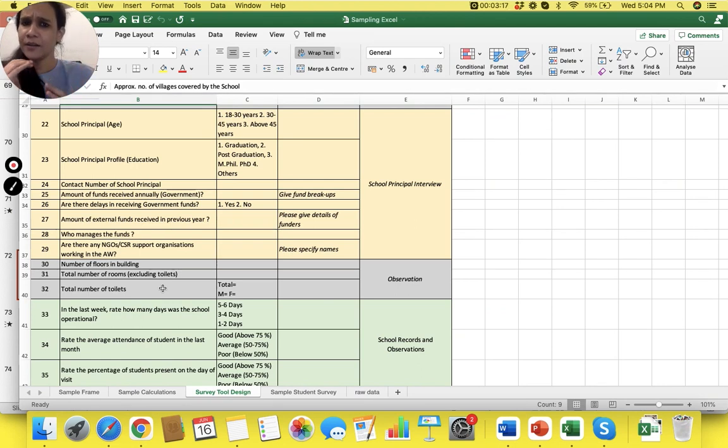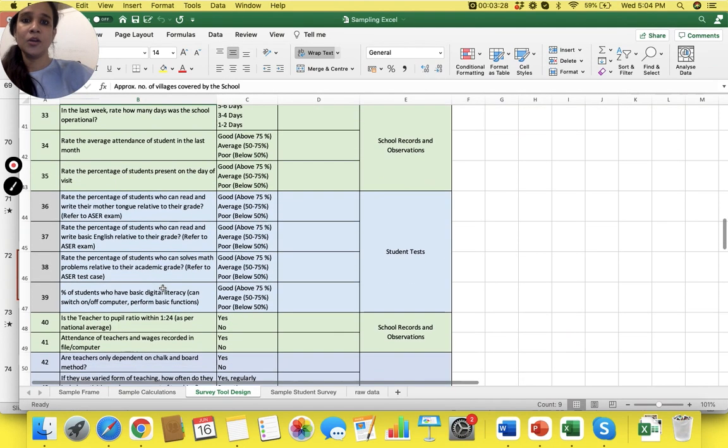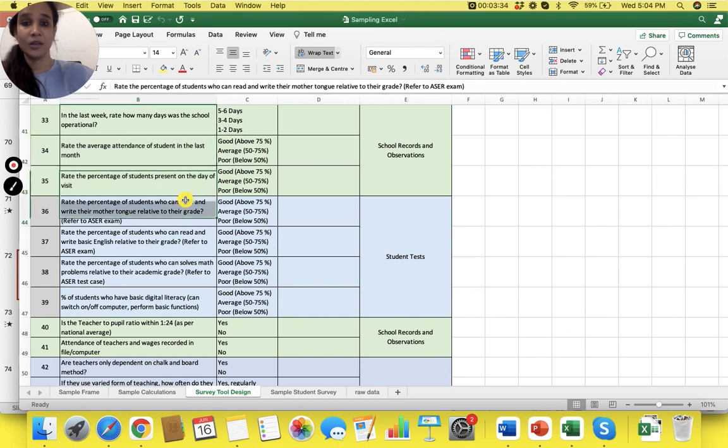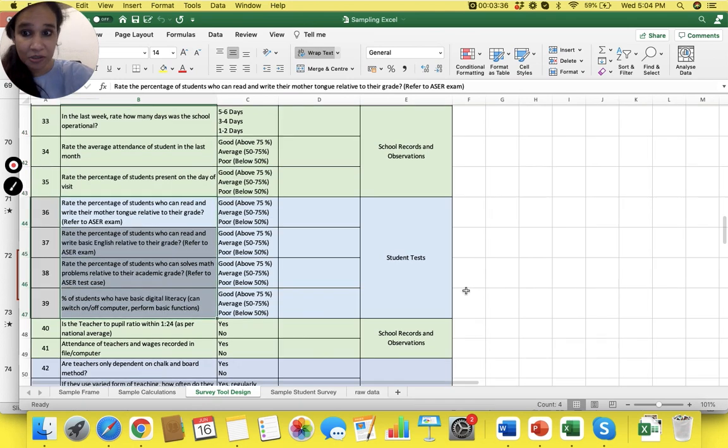So definitely talking to school principals, understanding their educational attainment, their experience of other support organizations. We'd also look at attendance, because that's a very key indicator in our program. We're looking at student tests and learning outcomes.